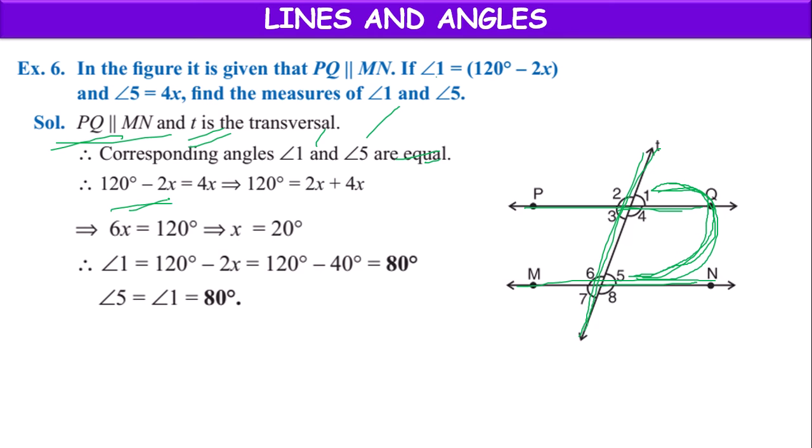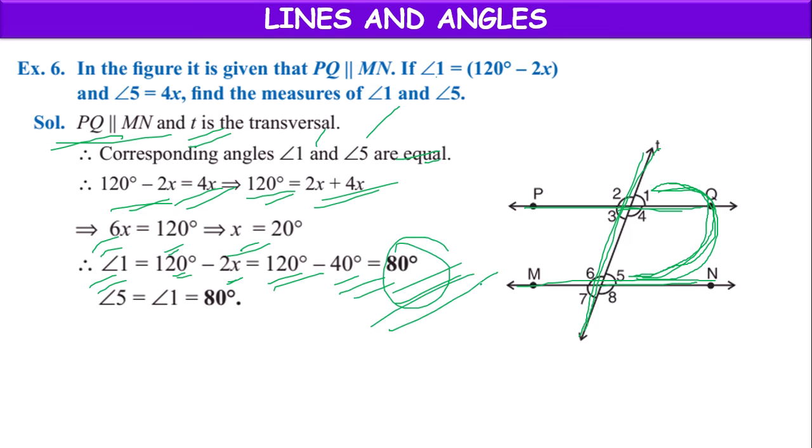Angle 1 is 120 minus 2x, angle 5 is 4x. So 120 equals 2x plus 4x, 6x equals 120, x equals 20 degrees. Angle 1 equals 120 minus 2 into 20, which is 120 minus 40, equal to 80 degrees. Angle 5 equals angle 1, which is also equal to 80 degrees.